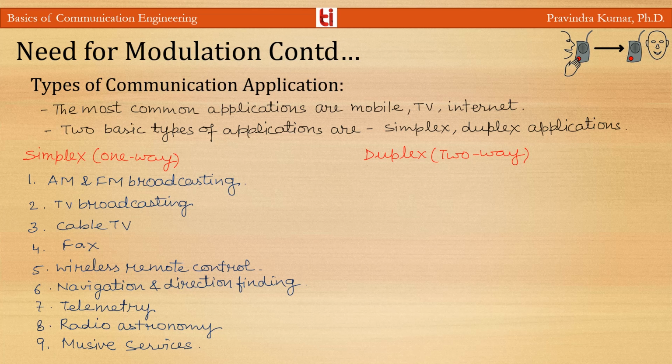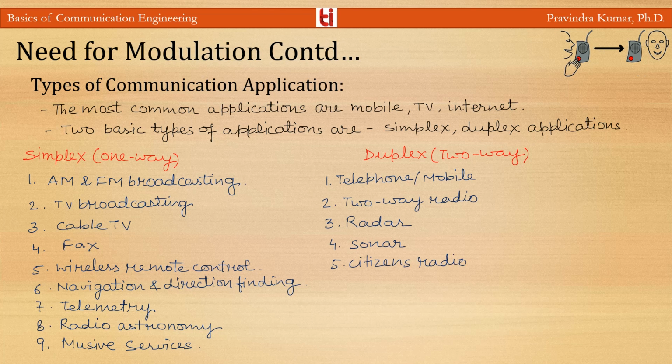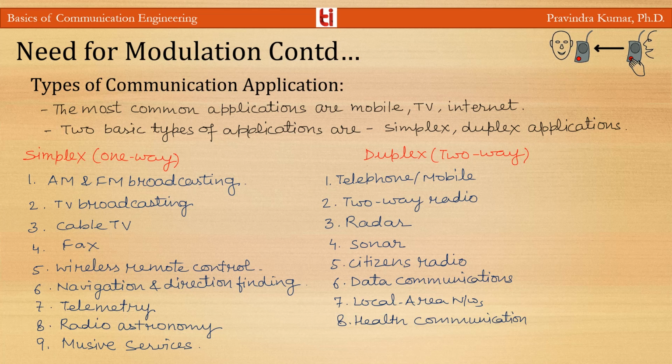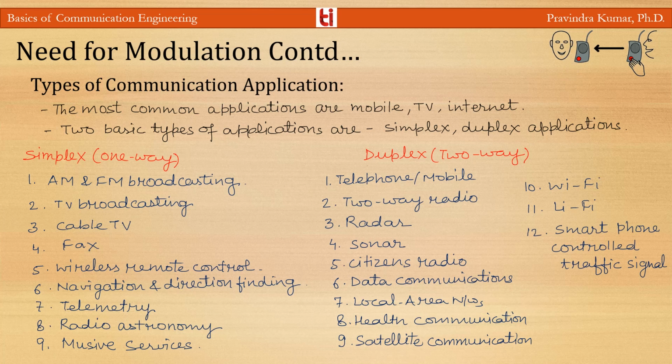And duplex applications are telephone, mobiles, two-way radio, radar, sonar, citizen radios, data communication, local area network, health communication using the internet or interactive health communication, satellite communication, Wi-Fi, Li-Fi, smartphone controlled traffic signals, and many more applications.